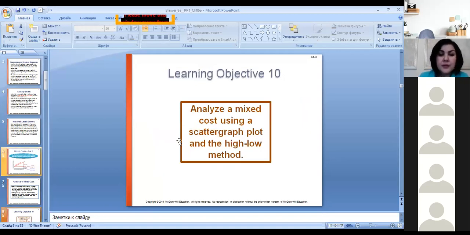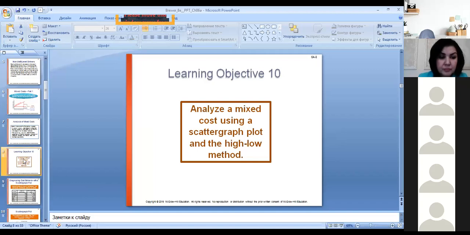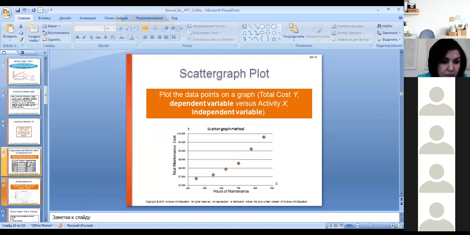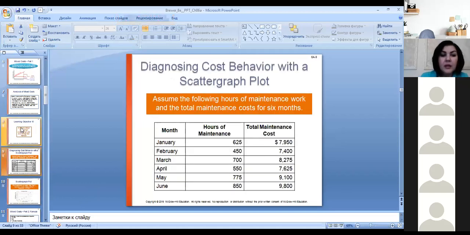Okay, so let's analyze mixed cost using a scatter graph plot and the high-low method. Let's look now at diagnosing cost behavior with a scatter graph plot.